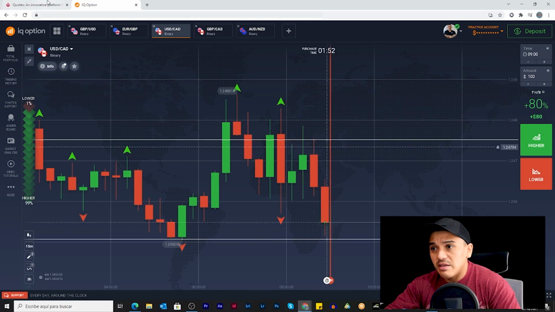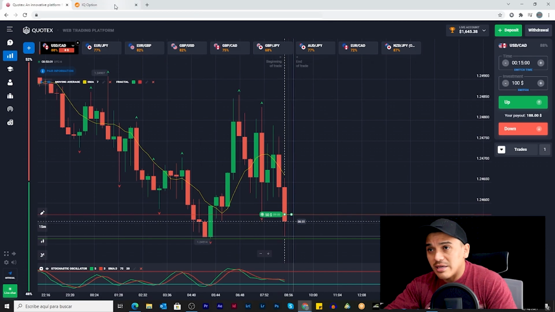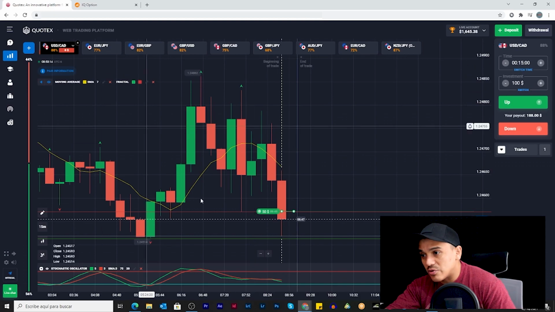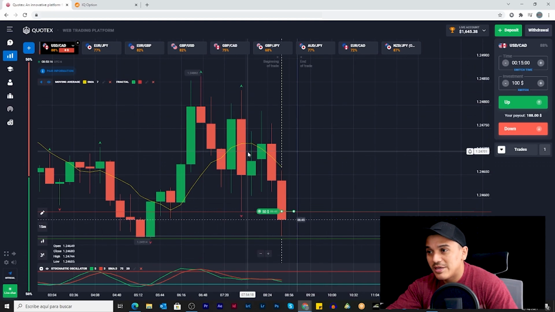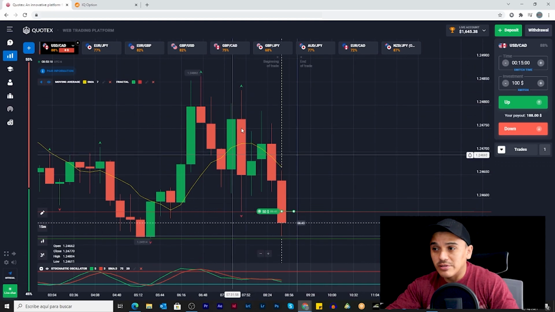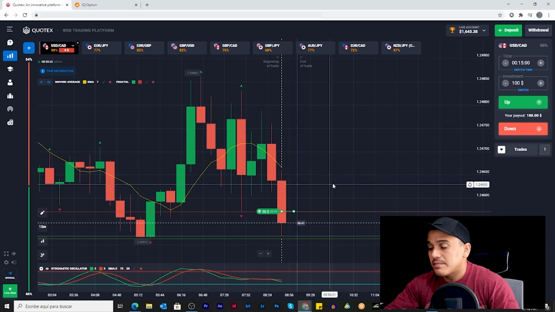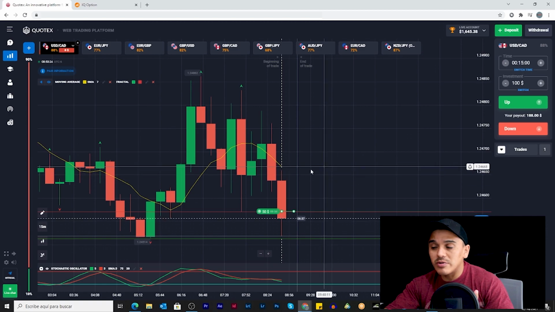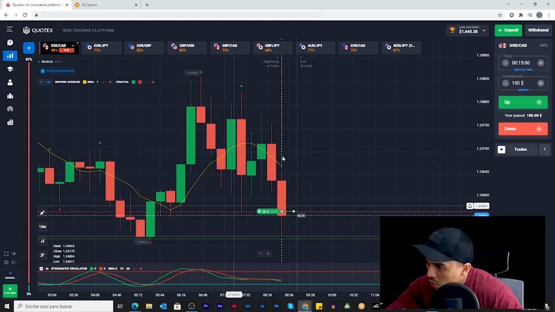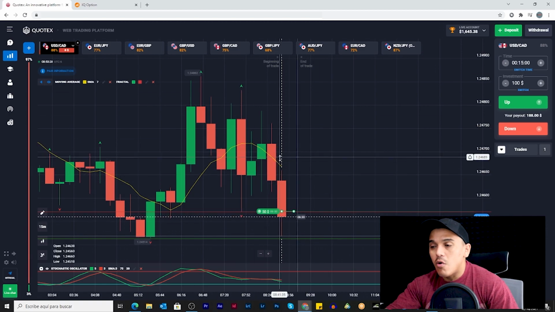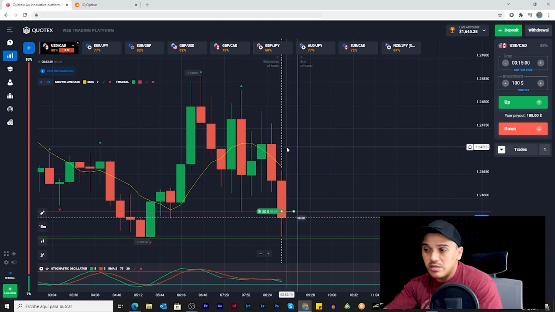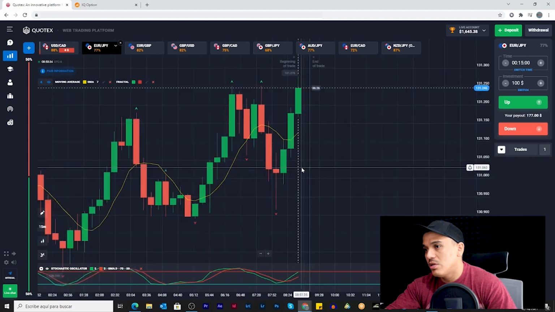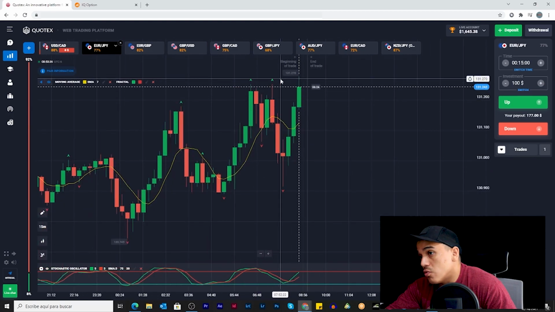Another piece of advice I'm gonna give you here is, using this strategy, I like to trade this type of market, these volatile candles. Why? Because it's gonna give me more opportunities to trade. I'm gonna receive more signals only in this market, instead of waiting for another type of trend. For example, well, this looks good here with this one here.